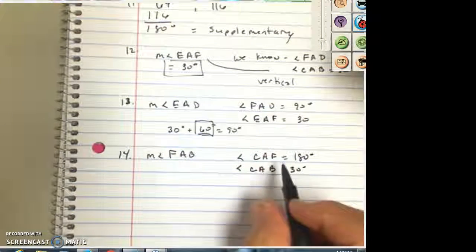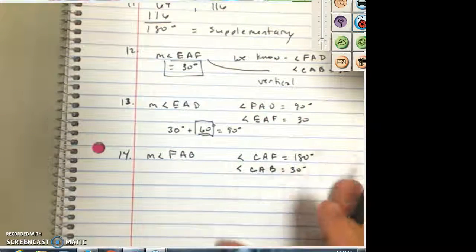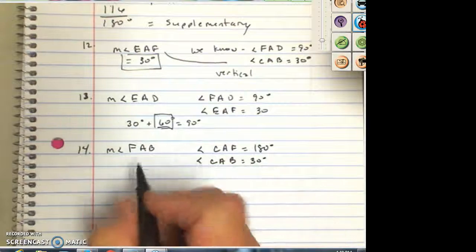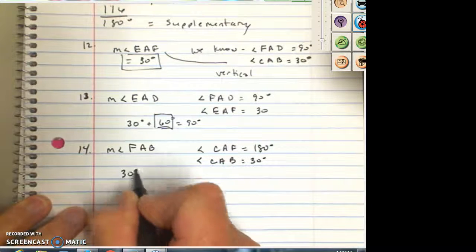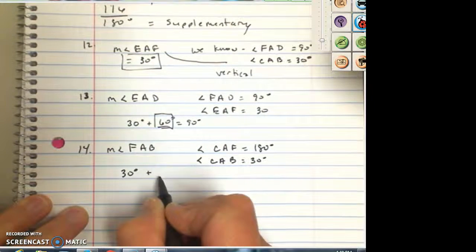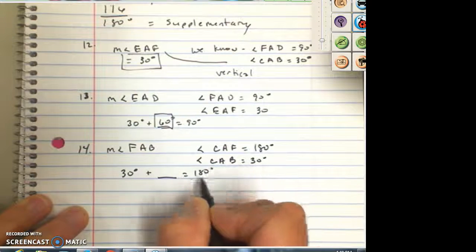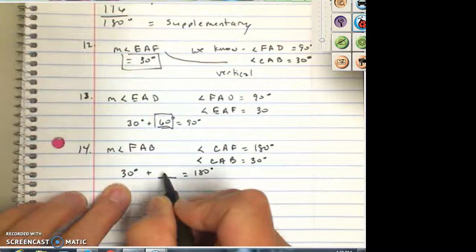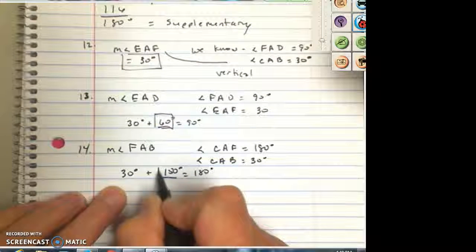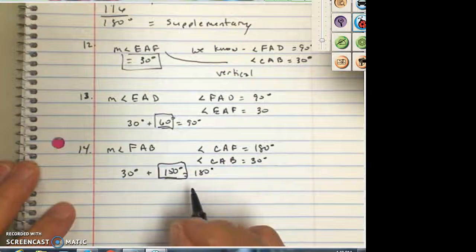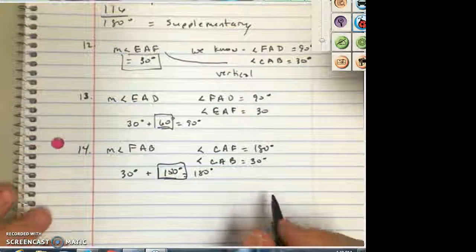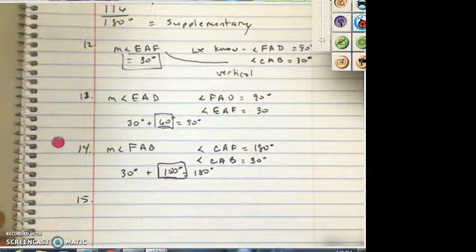So we use information about supplementary angles: 30 degrees plus what, angle FAB, is equal to 180 degrees. So of course our missing angle is 150 degrees. And we're going to stop right there and we'll go on to number 15. Let's go on to number 15.